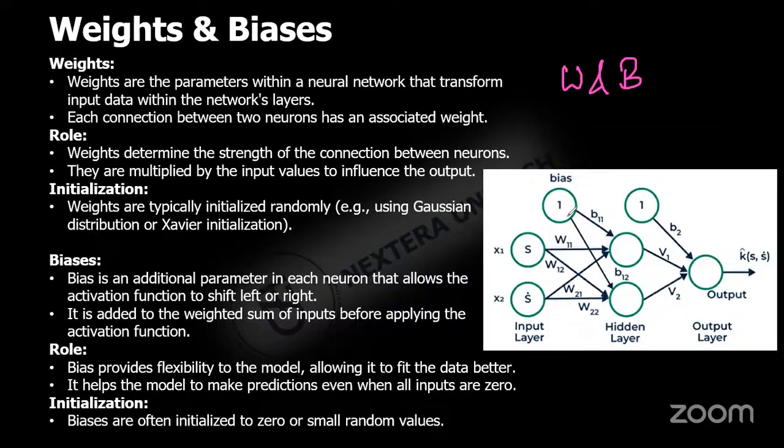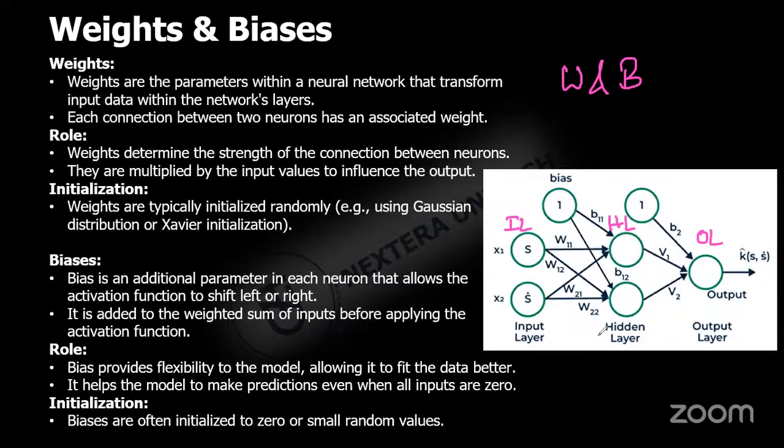If you see here, I have a neural network in which this is my input layer, hidden layer, and output layer. Within this input layer, how many nodes? Two nodes, x1 and x2. I am passing x1 and x2, and these two nodes are connected with two neurons.